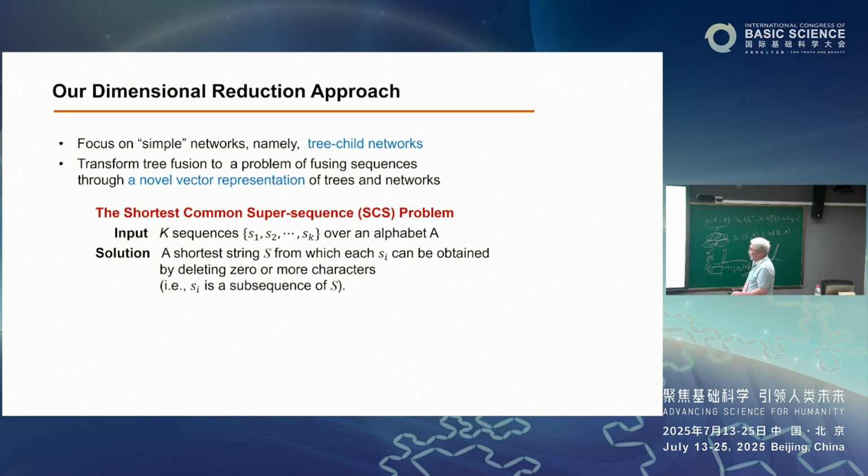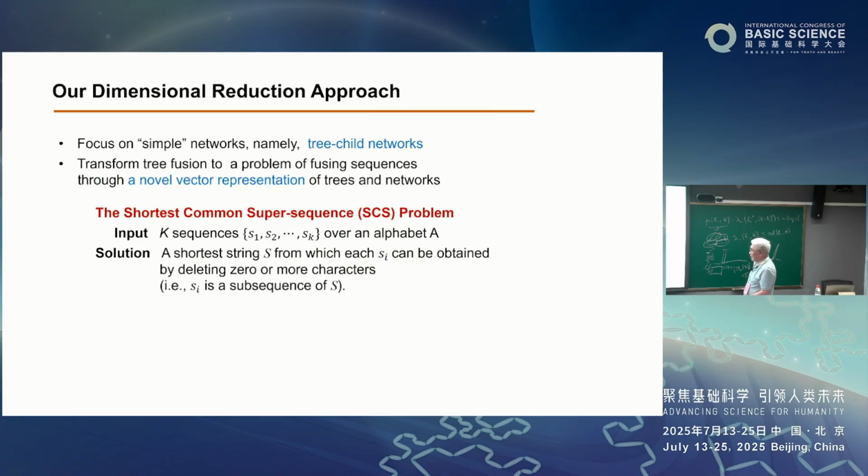Precisely, we transform the tree fusion to this algorithm problem. It's well defined in theoretical computer science. You have k sequences over alphabet A. You try to find the shortest string S from which you can obtain each Si by deleting some characters.